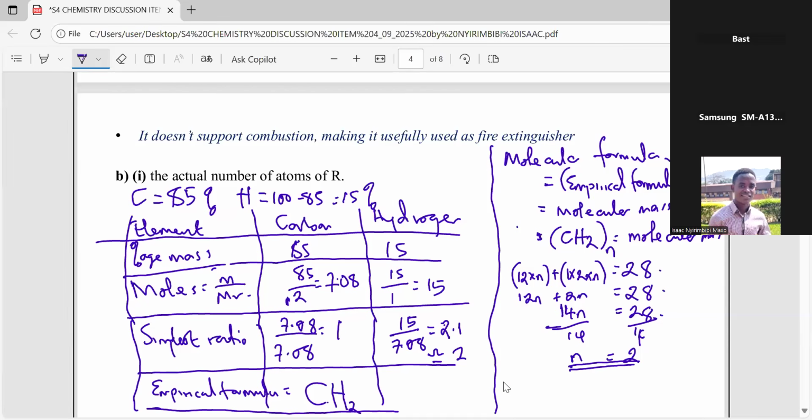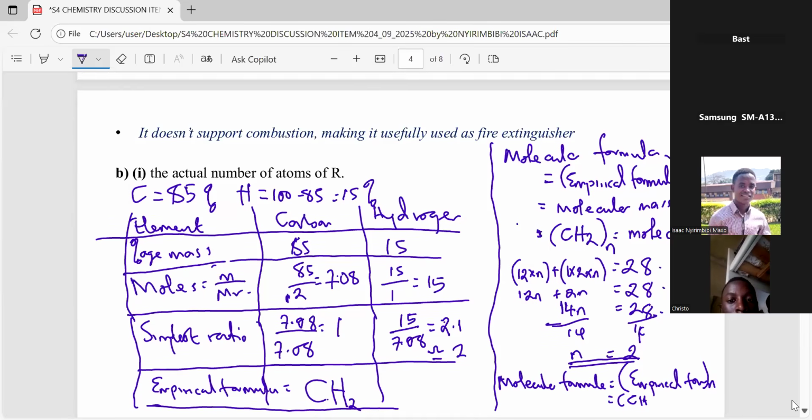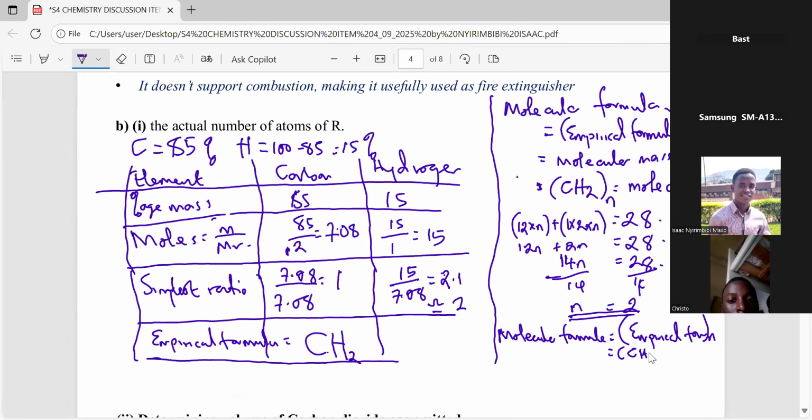So we go back: the molecular formula is equal to the empirical formula times N. The empirical formula was CH2, and the value of N is 2.